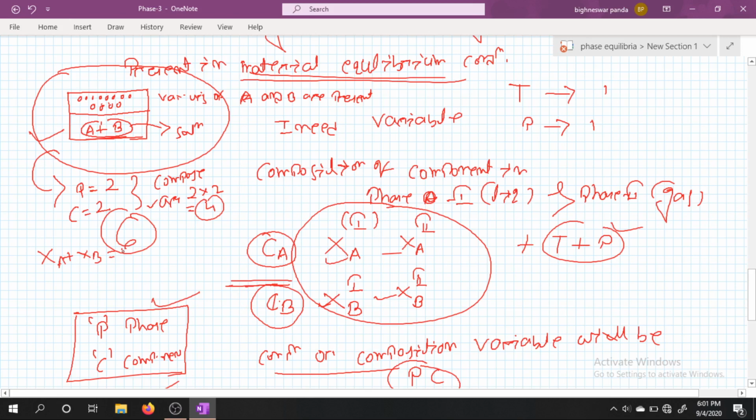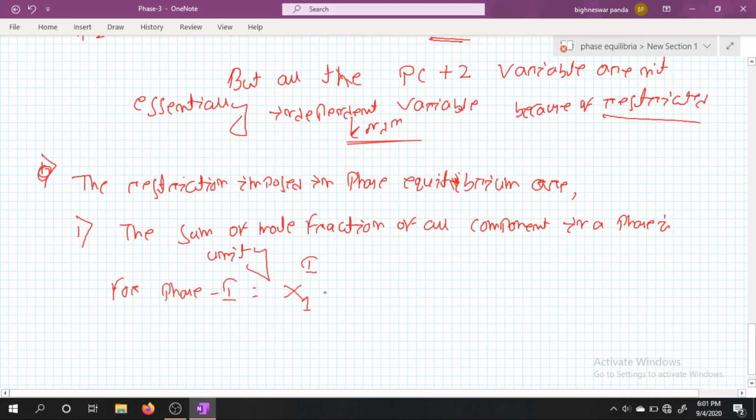So I am writing for phase 1, mole fraction of component 1 in phase 1. Again, what is the meaning of this?